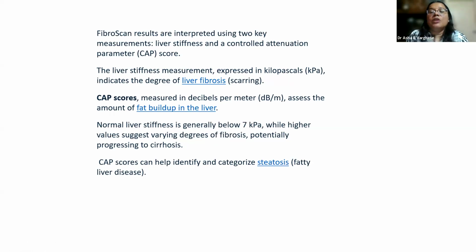If a normal liver comes below 7 kPa, that means your liver does not have fibrosis. As the number increases, you have F0, F1, F2, F3, F4 levels. We'll study it further later. The CAP score can also help identify and categorize steatosis, or fatty liver disease.